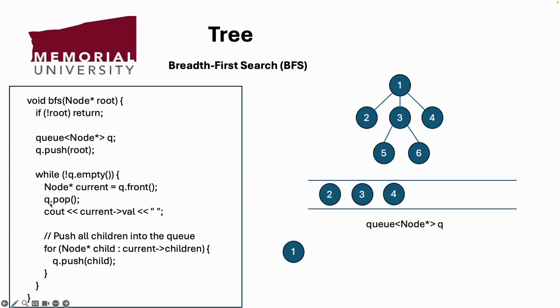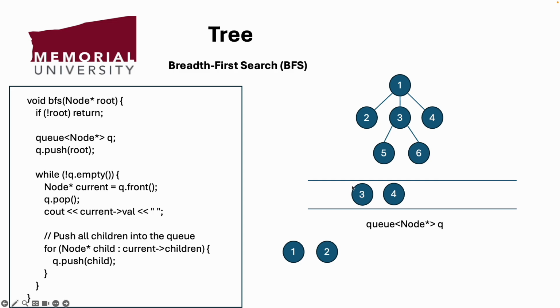The queue pops the element 2 and displays it here. Then we try to push the children of node 2 into the queue, and we can see there are no children for node 2. So this loop will step out.